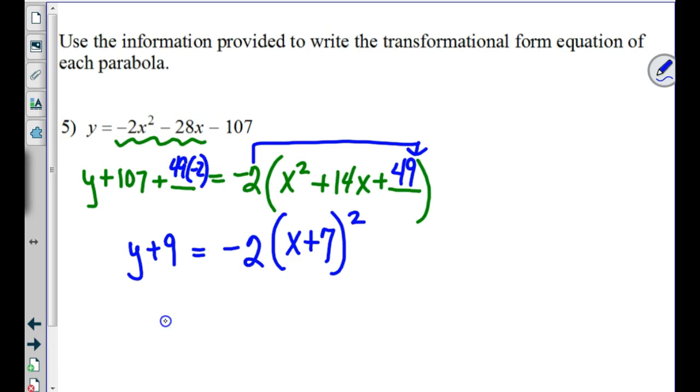Okay, is this the form? Can I stop? The form on the sheet looks like this, and I don't care which side of the equation it's on, but the 4p needs to go with the unsquared side. So I don't care if you leave this on the right-hand side, but we need to move this over here.